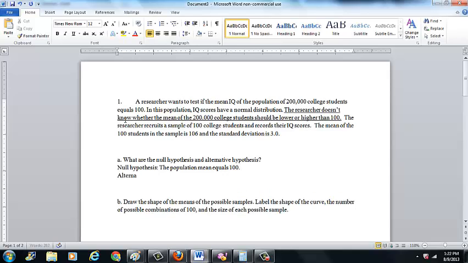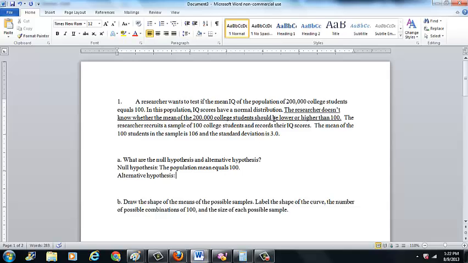The alternative is what the researcher is trying to support. The researcher doesn't know ahead of time whether the mean should be above or below 100. So all the researcher really wants to do is to support the possibility that the mean simply doesn't equal 100.